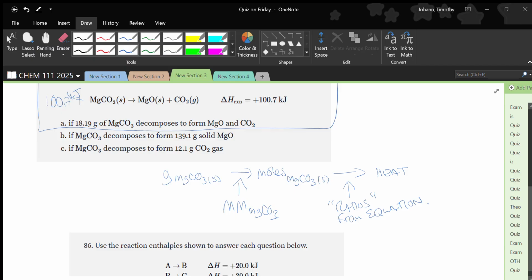Then we go from moles to heat, and we use the ratios from our equation. This one doesn't have any complex ratios in it. I should have maybe picked something else. But 1 mole of magnesium carbonate, because there's a 1 in front of it, makes 100.7 kilojoules. So that's your conversion factor. Go ahead, 2 more minutes, and then we'll work it together.